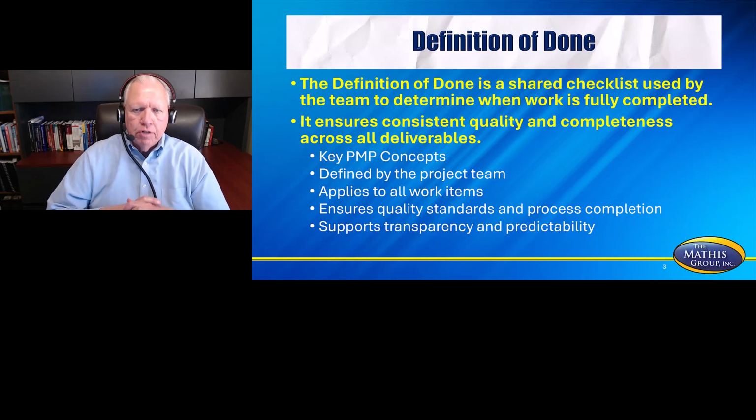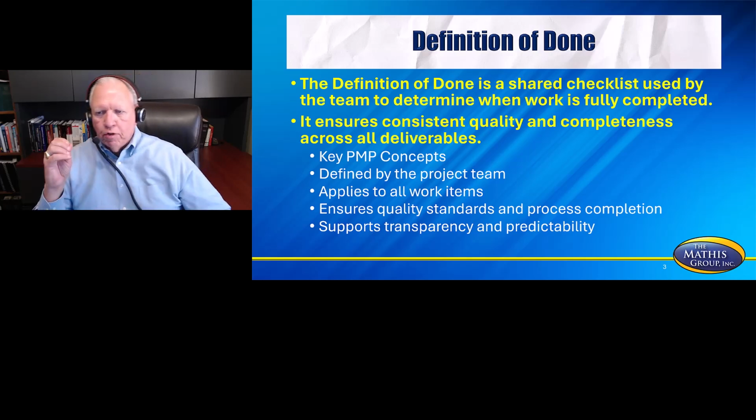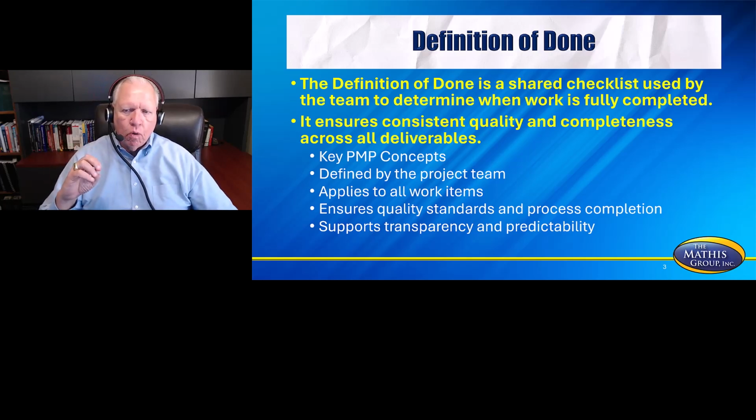So a definition of done is a shared checklist used by the team to determine when work is fully completed. It ensures consistent quality and completeness across all deliverables. Key PMP concepts for this would be: defined by the project team, applies to all the work items, ensures quality standards and process completion, and supports transparency and predictability.